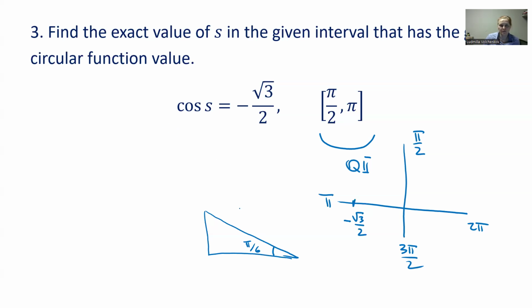So the reference angle is pi over 6, s prime. So our angle will be pi minus pi over 6, or 5 pi over 6.